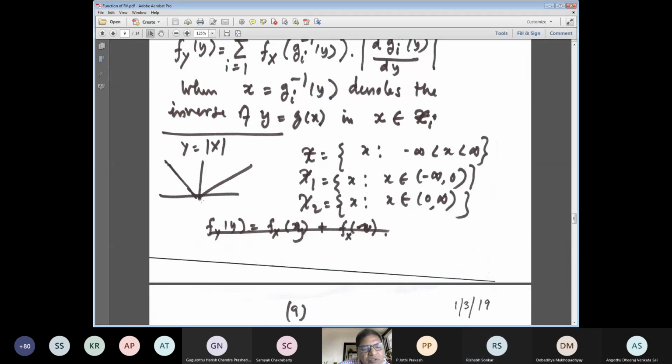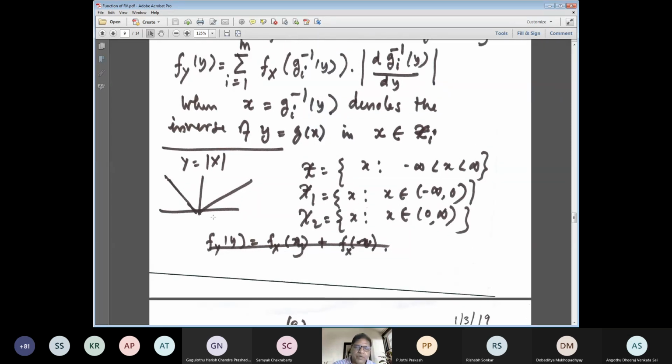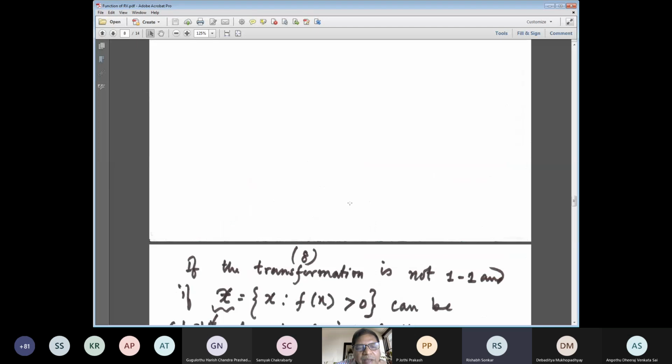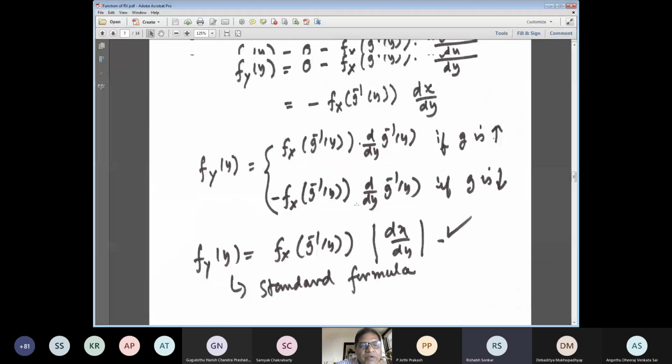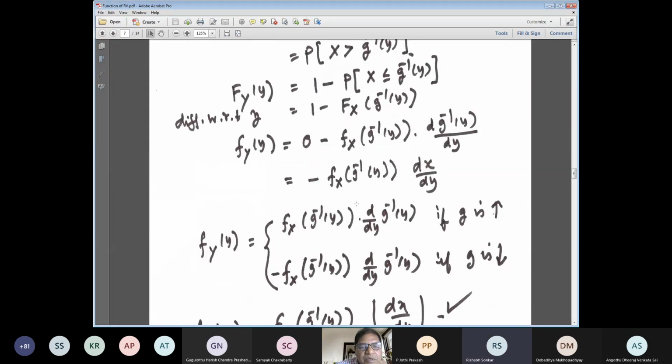For 0 actually, say minus infinity to 0, it is basically a continuous function, so on either side you can include it. Sir, for the first, decreasing, you didn't include the 0.